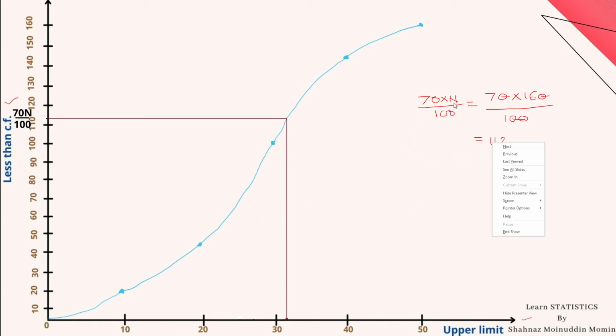Take a point 70 into n by 100 on the y-axis, which is less than cumulative frequency.